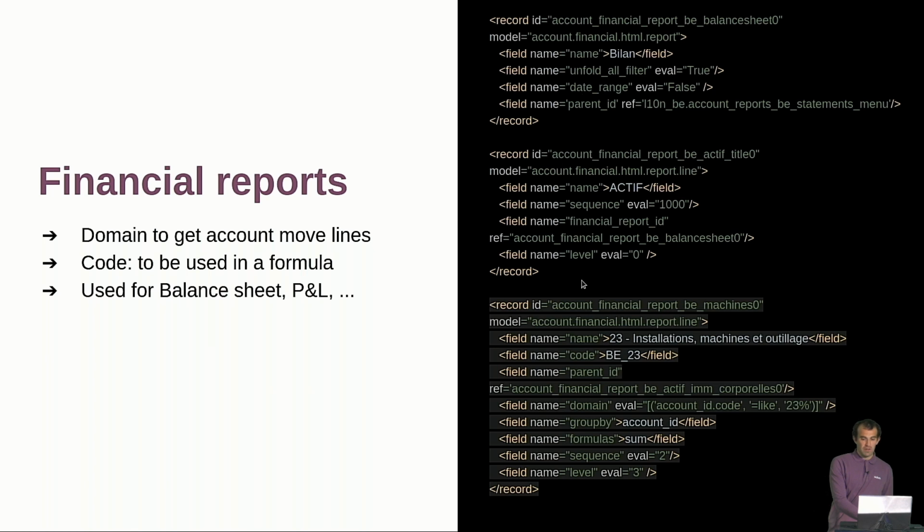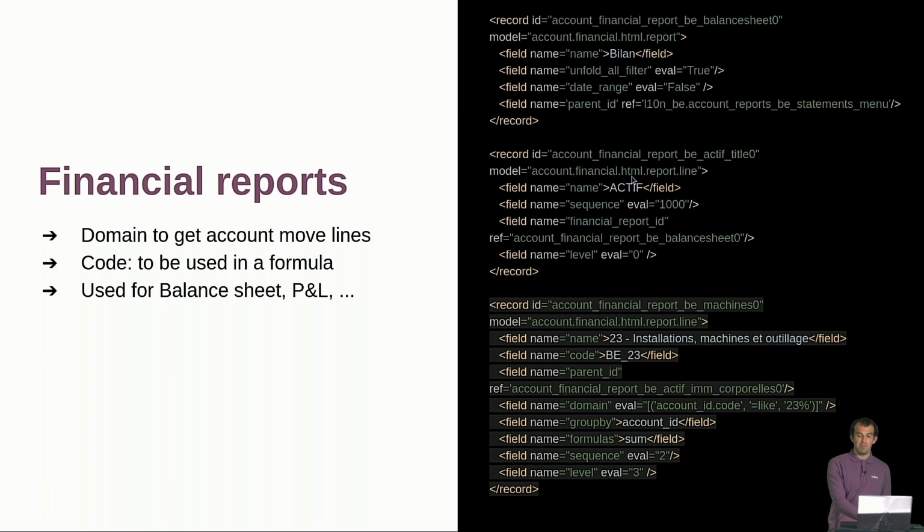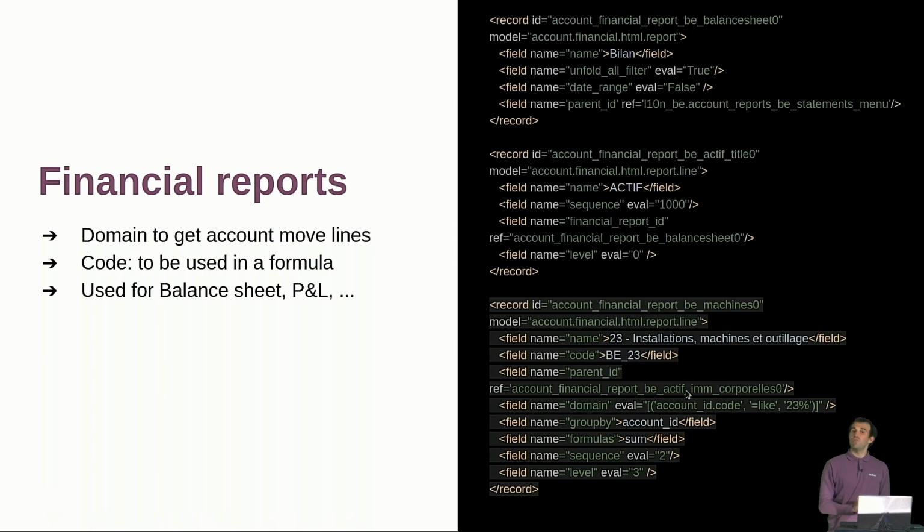Then in order to understand the lines themselves, you see that they link between each other. So this one has the financial report itself, and this one depends on another line, so you have a hierarchy of different lines. In order to understand how this report works, look here at the domain.